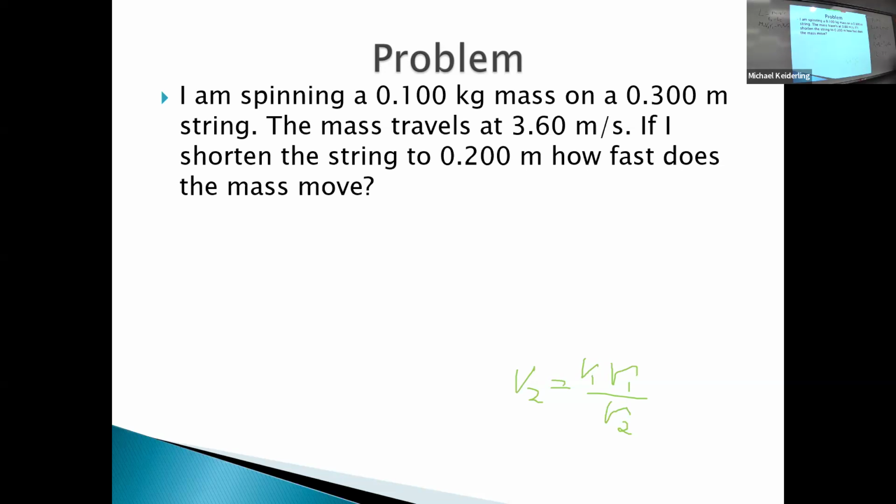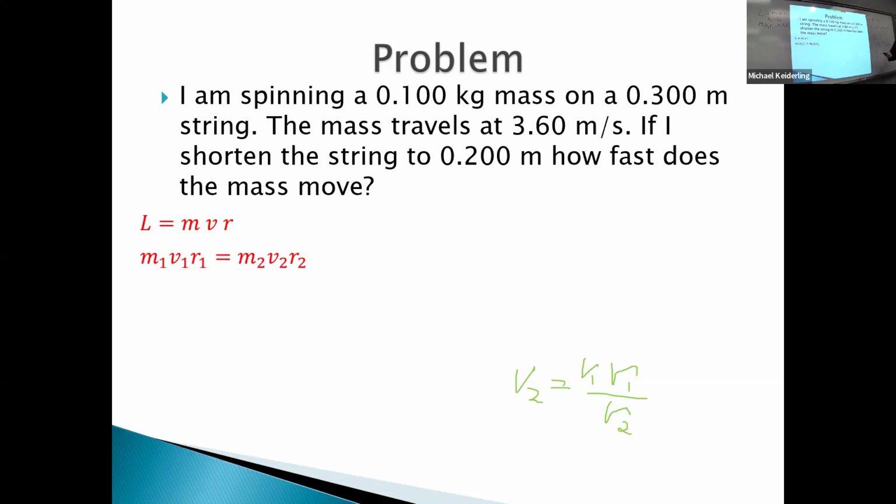See if I can figure out what you might have done wrong. So, angular momentum is mass times velocity times radius.